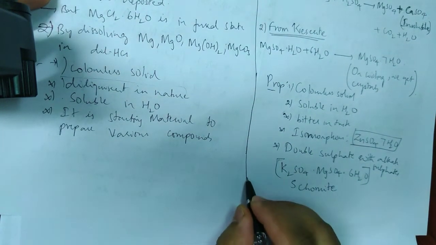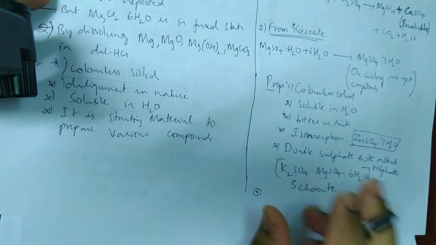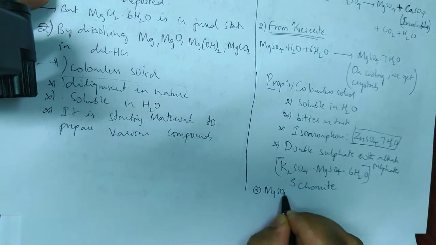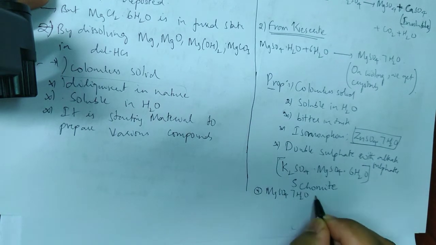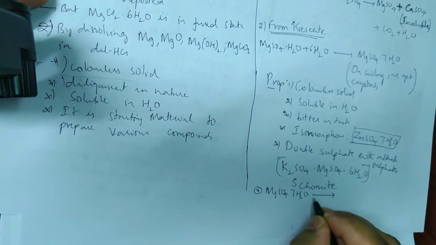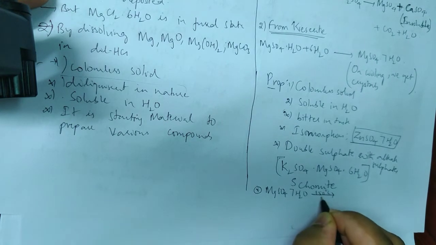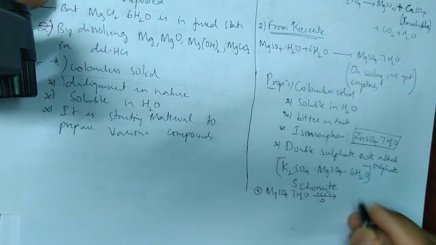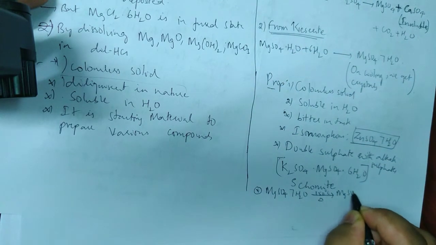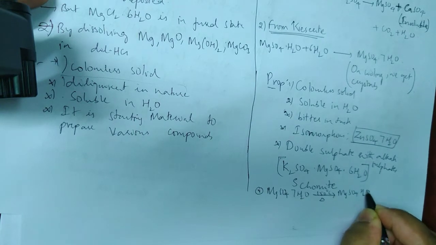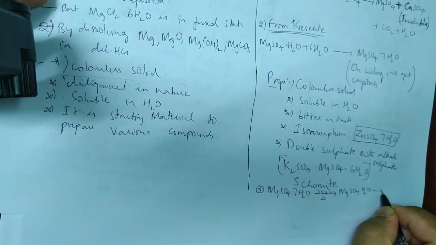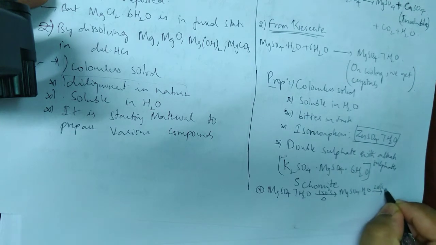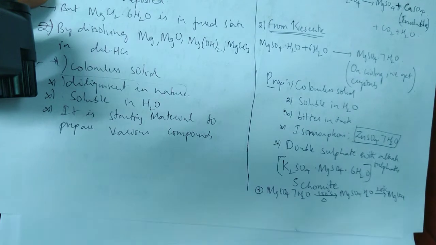Okay, and there is one more, the heating effect of magnesium sulfate. When you heat MgSO4·7H2O, remember the temperature, at 150 degrees Celsius, on heating it loses water molecules. In fact, it forms kieserite, that is MgSO4·H2O, which on further heating at 200 degrees Celsius becomes completely dehydrated, that is MgSO4 is left over.